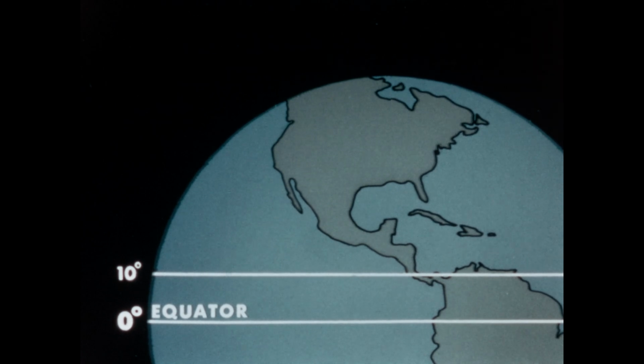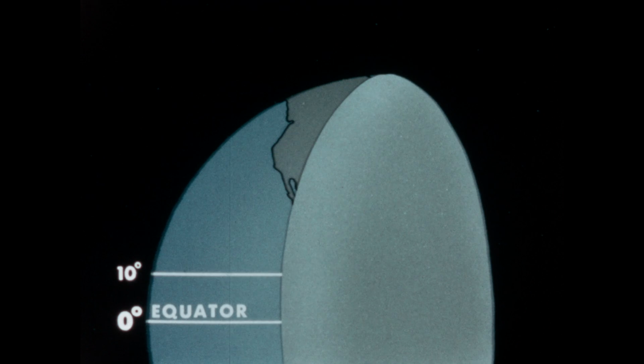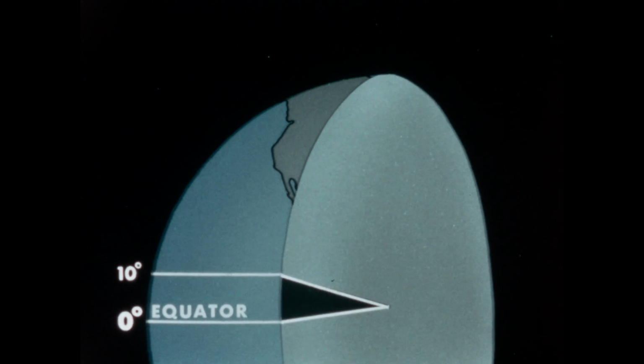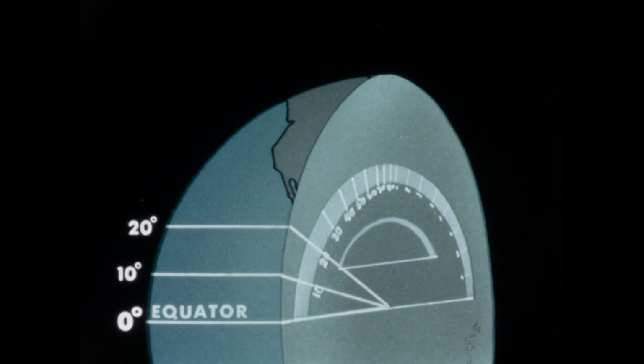To see what this means, we'll cut away the Earth along a great circle that passes through the poles. The angle between the equator and the circle marked 10 degrees measures 10 degrees. 20 degrees north of the equator, we can draw another circle. All places on this circle are at 20 degrees north latitude.